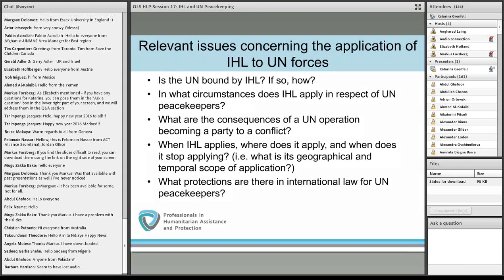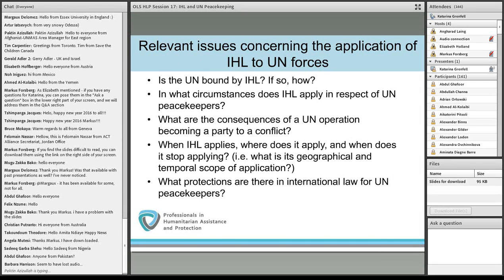I should mention that the ICRC, the International Committee of the Red Cross, has also proposed a support-based approach.